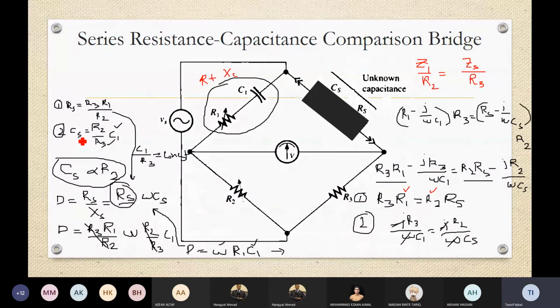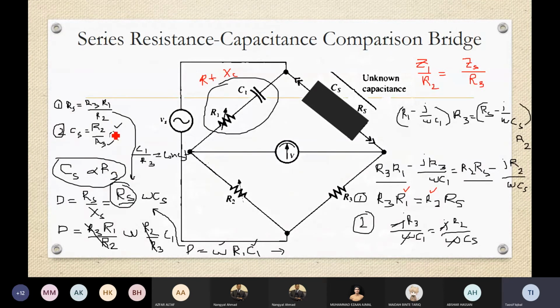And similarly for Cs, we have R2 multiplied by C1 divided by R3. So if we take C1 and R3 equal to a constant value, then we can find out that Cs is going to be directly proportional to R2.